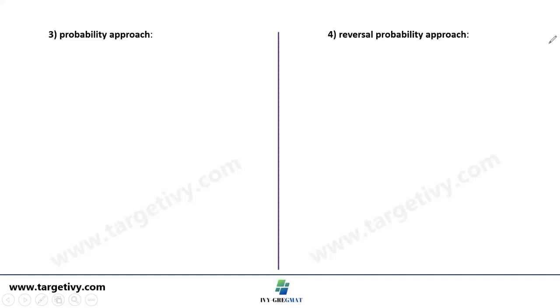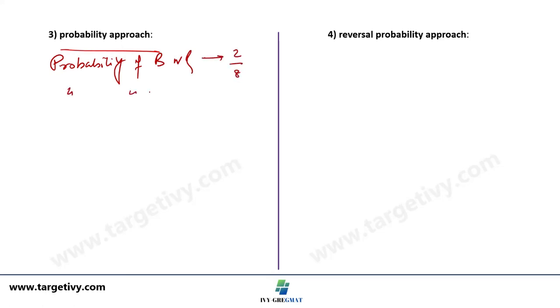Okay, the probability approach. What is the probability approach? What is the probability of the first event or the probability of the second event? See how we can do it. Say the probability of B or R on the first choice is 2 by 8.